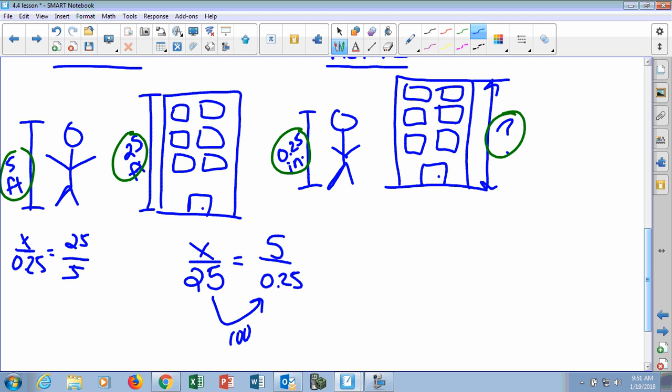It's 100. So you got to divide 25 by 100 to get 0.25. Well, this is where it's not. This doesn't work. But it works with the ratio method. Why do we get different answers here? That's kind of weird.